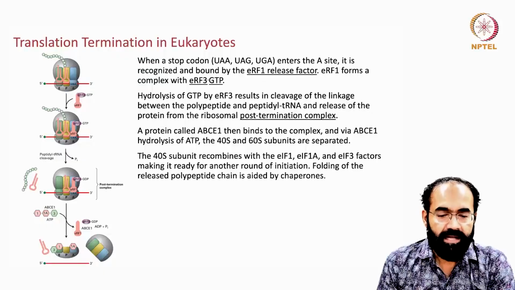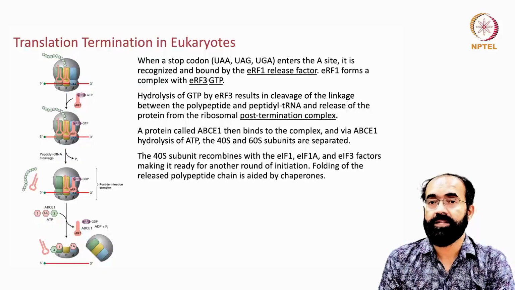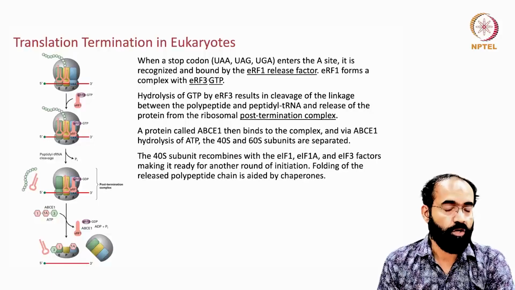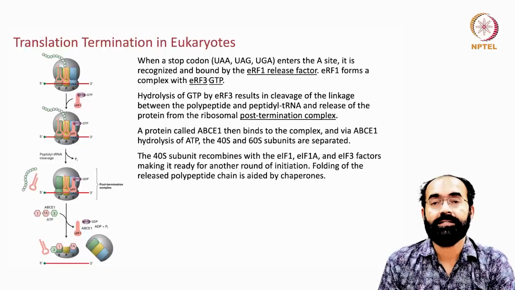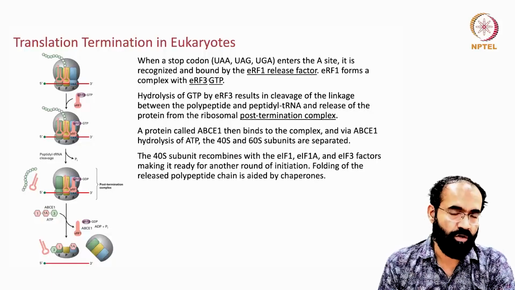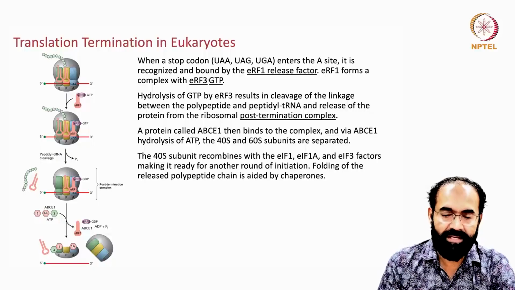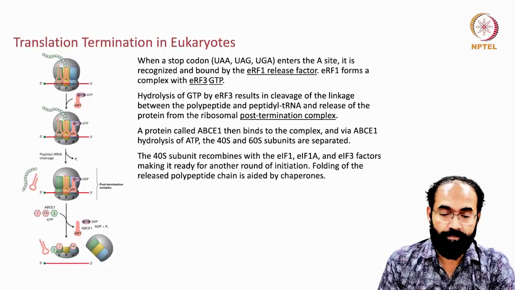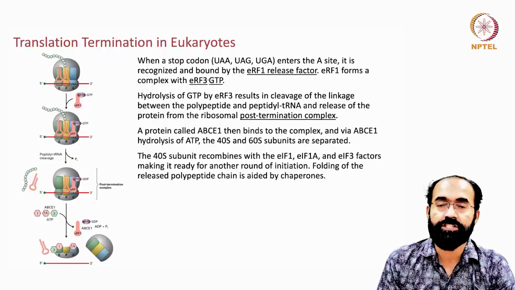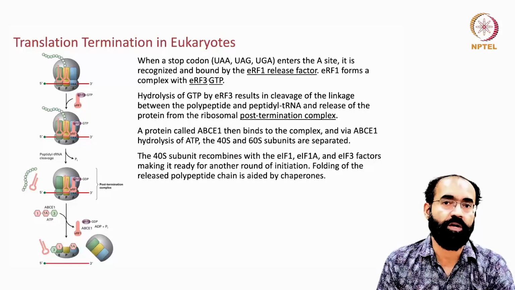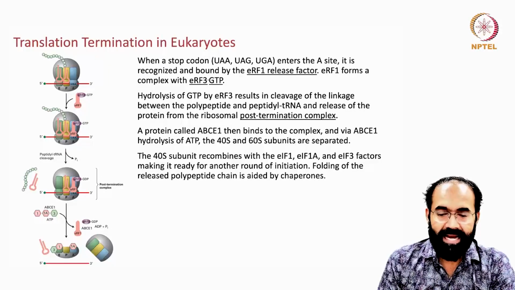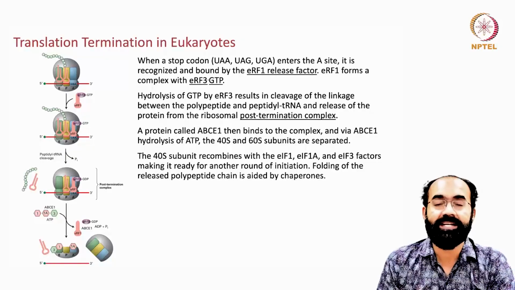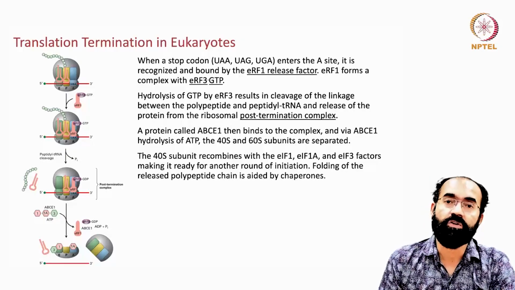ERF1 and ERF3 occupy the stop codon and attract ABCE1, which at the cost of ATP disassembles the 40S and 60S subunits. The 40S subunit recombines with the ELF1 and ELF1A, which are required for the initiation of the next round of translation, and ELF3 factors, making it ready for another round of initiation.